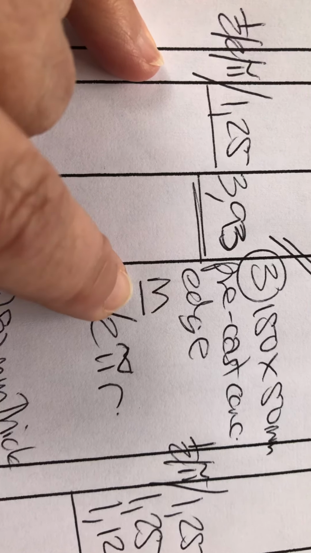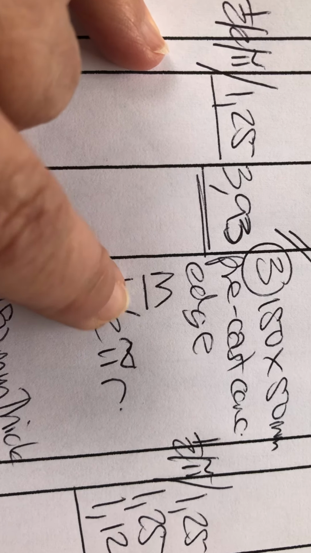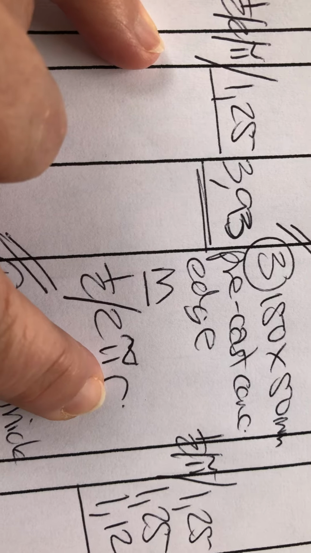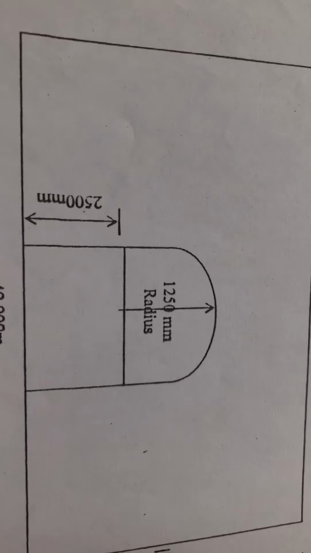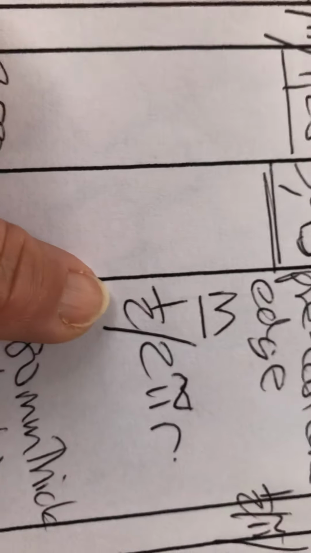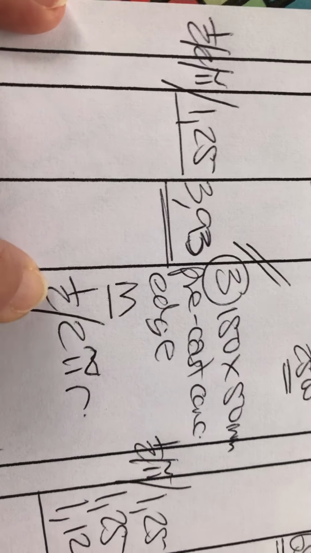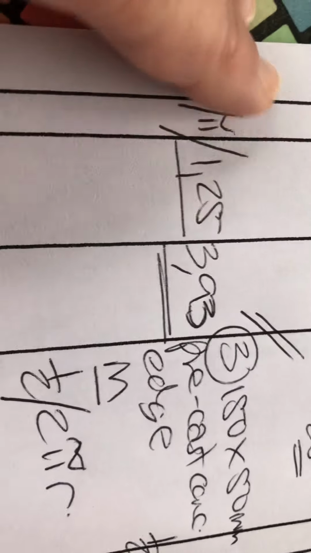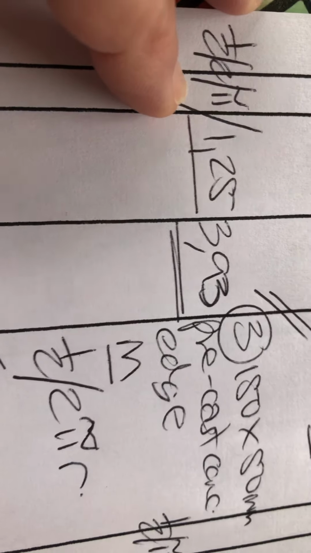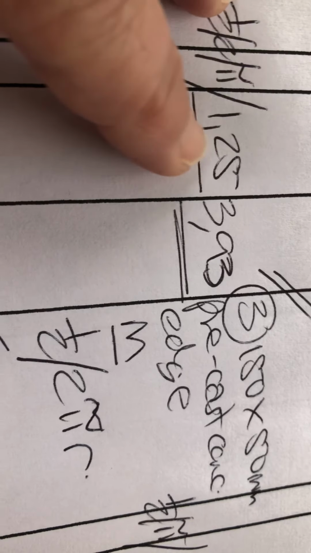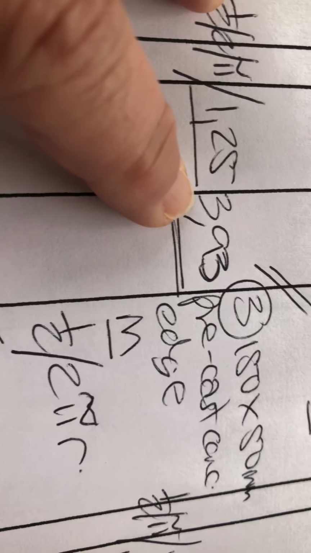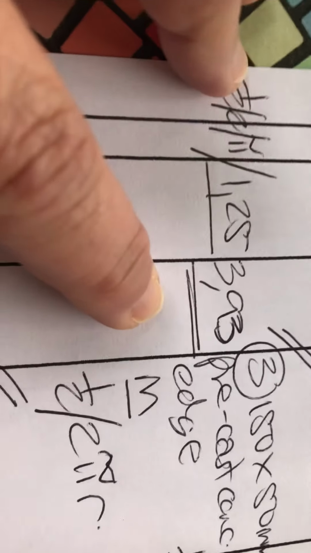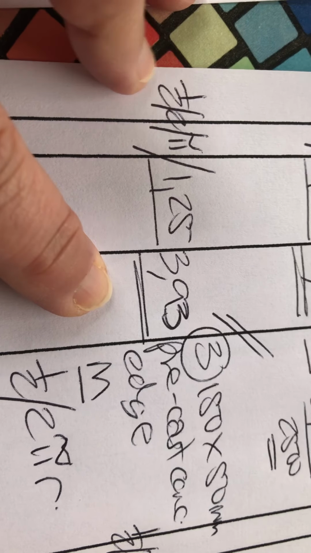The formula for the length around the circle is 2 pi r, but remember I'm working with a half circle. That's why I only need half of that. So the half, the 2 and the pi are all going to go into the times column, and my radius is 1.25, and I can say equal and do that on my calculator.